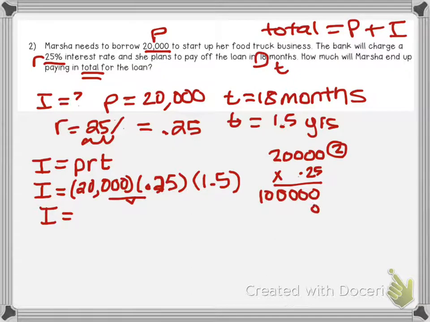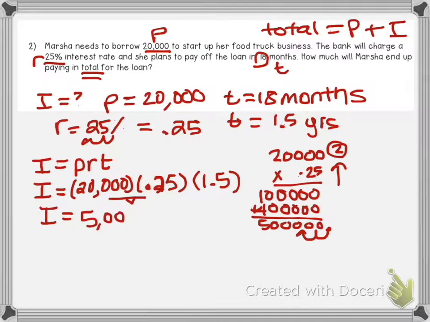One number, placeholder, 2 times 0 is 0, 2 times 0 is 0, 2 times 0 is 0, 2 times 0 is 0, and then 2 times 2 is 4. So we add these together, okay? And then we have two digits that we have to place back in because of this 2 right here. So then we get 5,000.